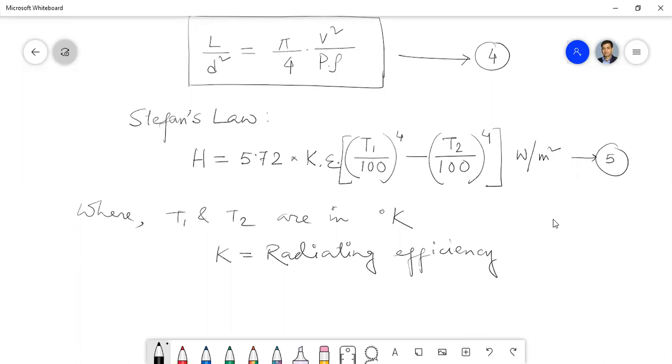So it lies between 0 and 1, the radiating efficiency. And epsilon is called the emissivity. So emissivity is 1 for a black body, and it is generally 0.6, 0.5, like that for other materials. Okay, so these two values will be given to you during the design problem.